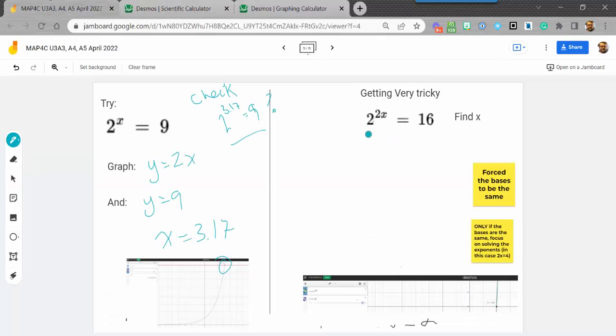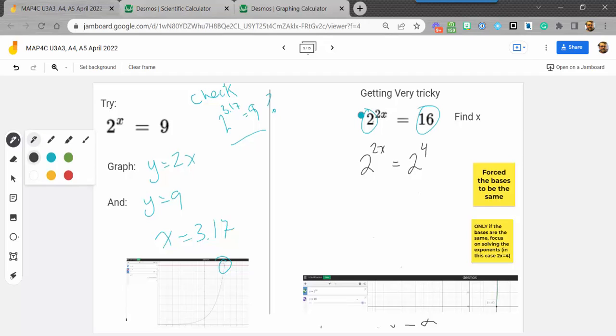Okay, same idea here. This one's getting really tricky, and you don't need to know this one necessarily, but for those who want to expand on this, it's getting tricky. Again, I want the bases to be the same, so I'm going to try and change 16 into a 2. So my question is 2 to the 2x equals 2 to the what? Well, 2 to the 4th is equal to 16.